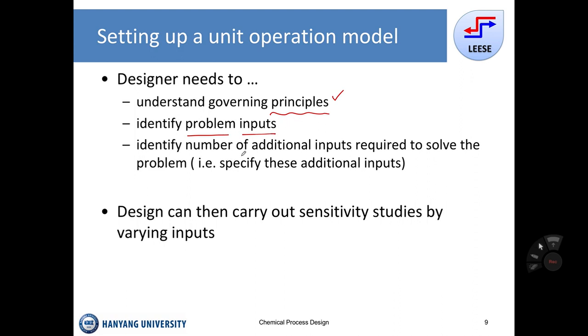Then we need to identify further whether we need additional input required to solve the problem. So for example, x, y equal to 5. X is given. Okay. Then can I get the y? Yes.